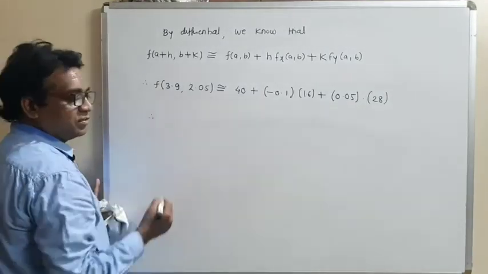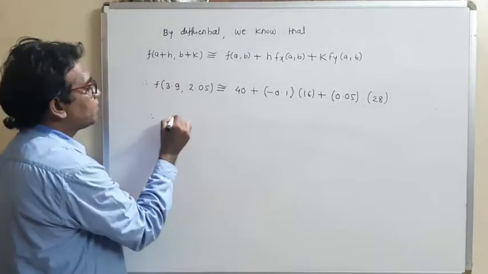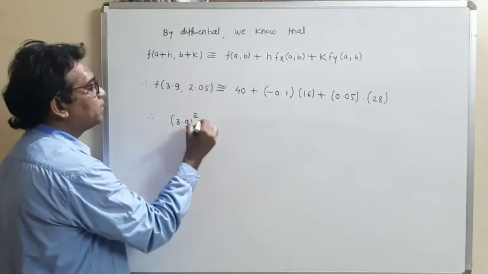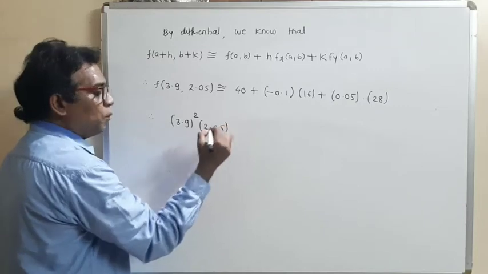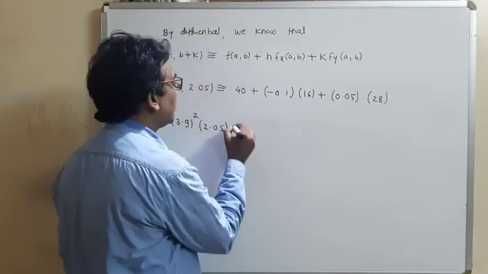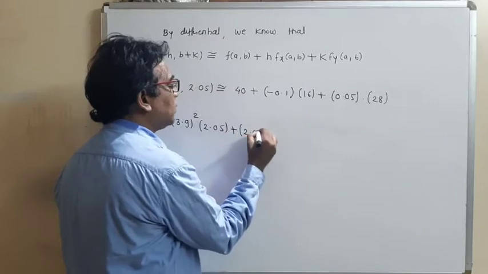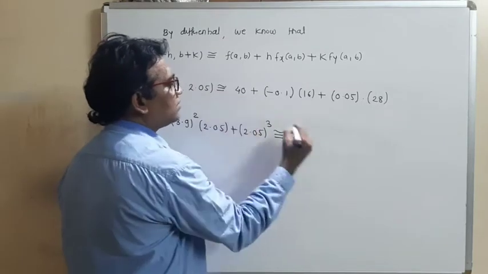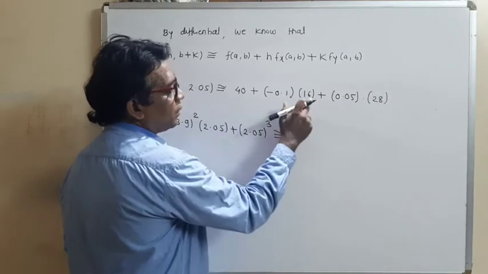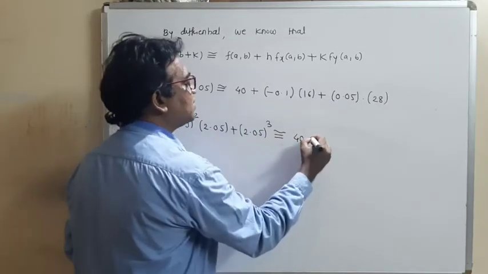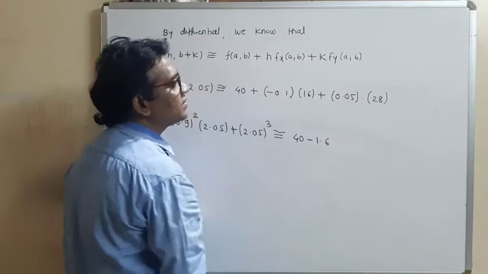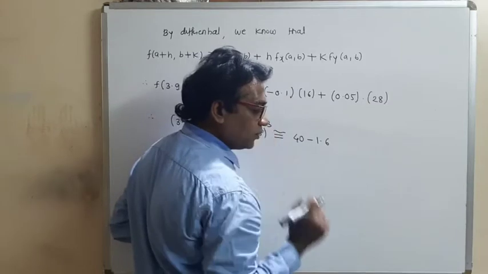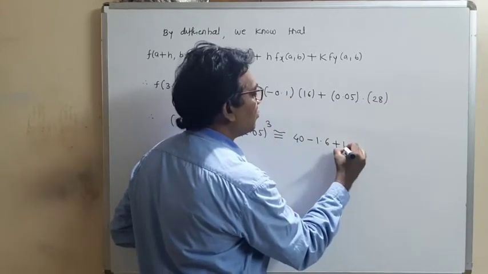So what is our function? Our function is 3.9 bracket square, we want to find this value, into 2.05 plus 2.05 bracket cube. This is equivalent to, now this is our 40, minus 0.1 into 16, so this is minus 1.6, and 28 into 0.05, so it will be plus 1.40.